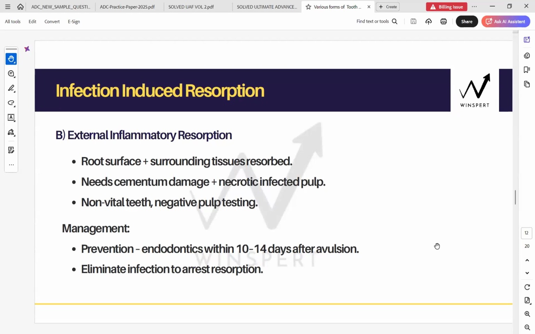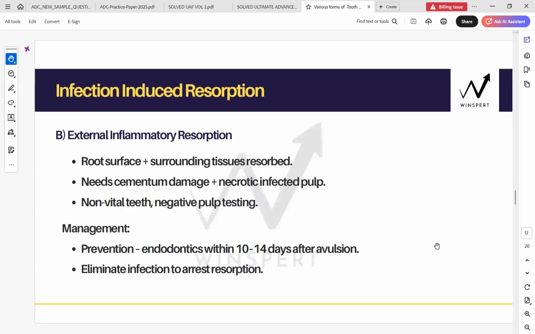There will be some kind of cementum damage. Again, there has to be some predentine damage and some cementum damage to induce inflammatory resorption. Whether internally, then predentine has to get damaged, and for externally, some cementum has to get damaged because of your necrotic pulp, right?